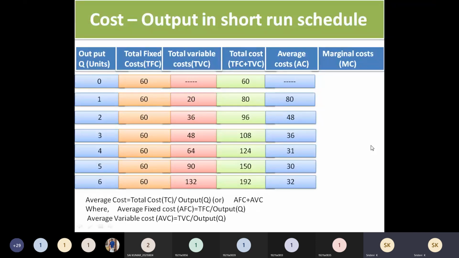And coming to the marginal cost, the formula for marginal cost is the change in total cost at 2 different levels of output. So how are we going to calculate? At 0 it will be 0, and at 1 unit there is no previous total cost, no? Sorry.